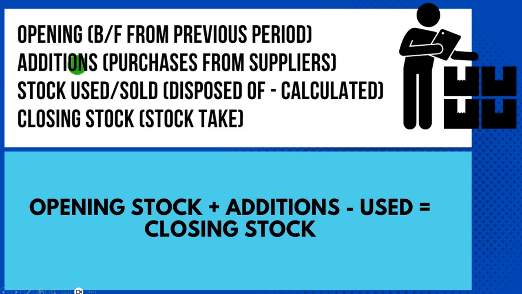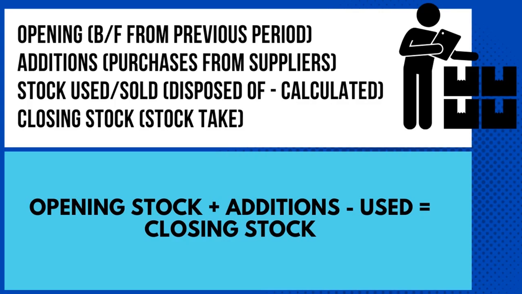The additions or purchases figure, this is the purchases from suppliers. So as long as all the bookkeeping's done, as long as the accounts are up to date, you should be able to find the additions figure in the accounts. It's all those purchases made in the financial period. So if we're doing a year end, within the financial year of stock. So all those invoices from suppliers whom we purchase our stock from, they should be on the system.